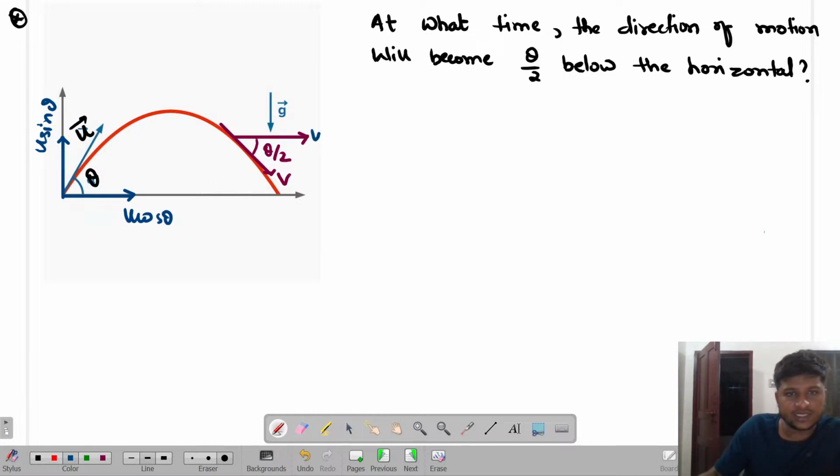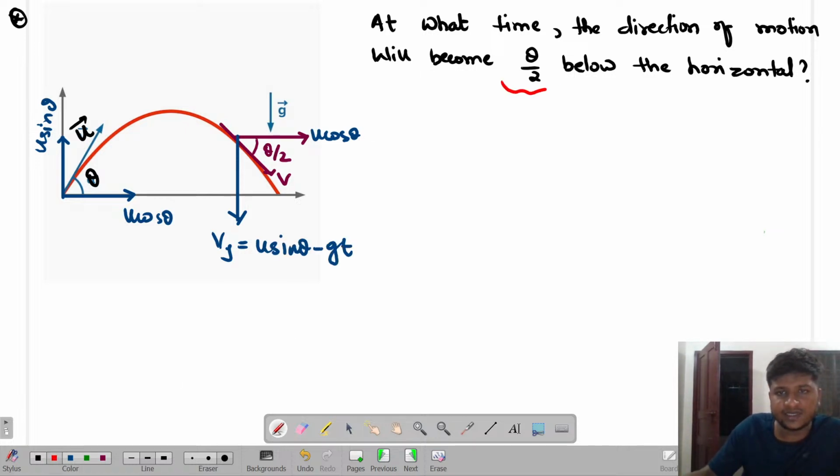If it is u cos theta here also, the horizontal velocity is u cos theta, but vertical velocity is going to change, and that vertical velocity is simple, u sin theta minus gt. So if it is saying that theta by 2, then I know my tan value. It is talking about tan theta by 2, isn't it?